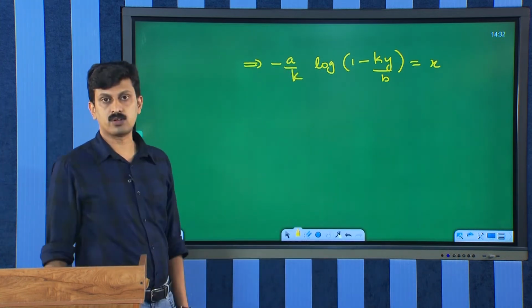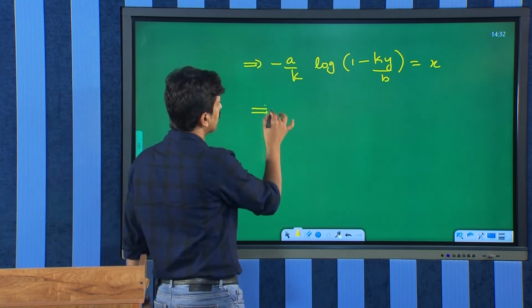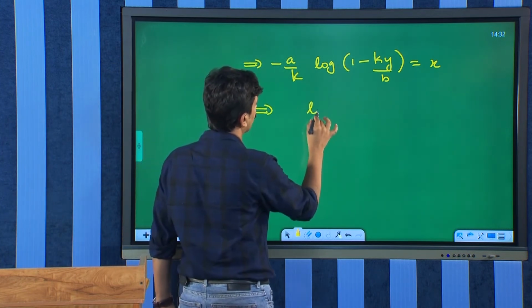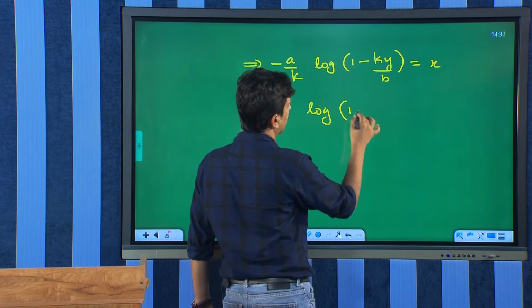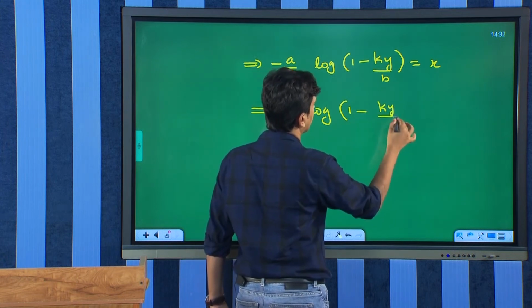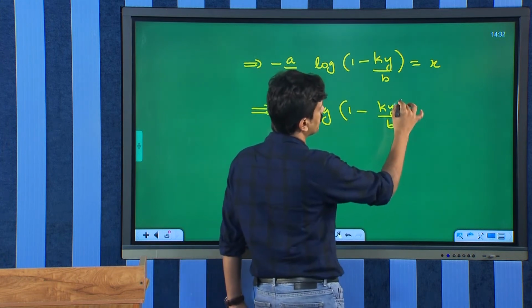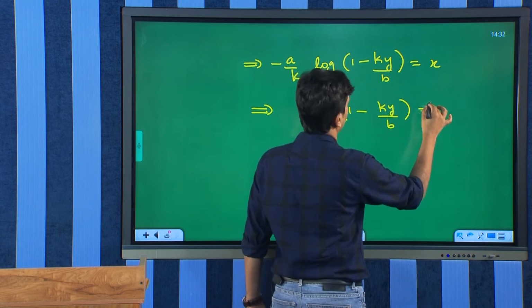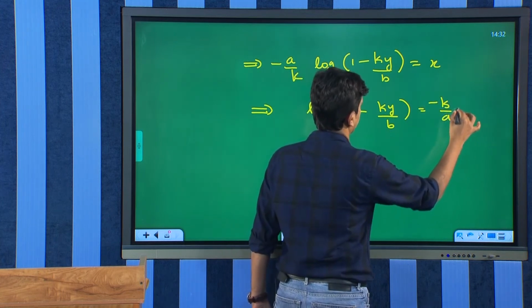We can write this as a by k log 1 minus ky divided by b is equal to minus k by a x.